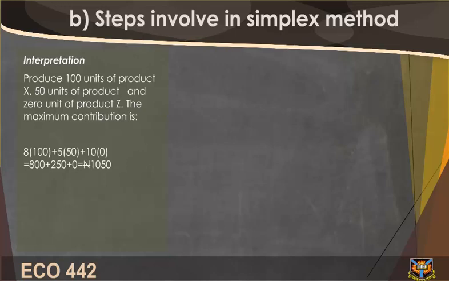Produce 100 units of product X, 50 units of product Y, and 0 units of product Z. The maximum contribution is 8(100) plus 5(50) plus 10(0) equals 800 plus 250 plus 0 equals 1050 naira.